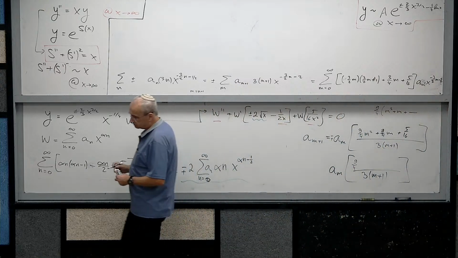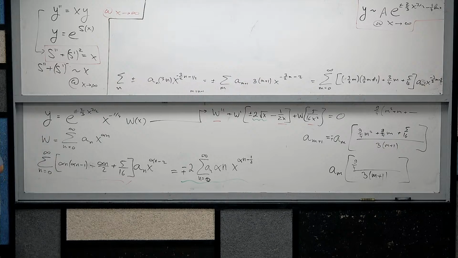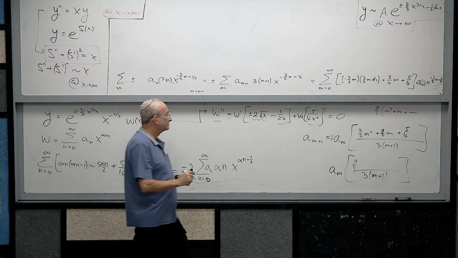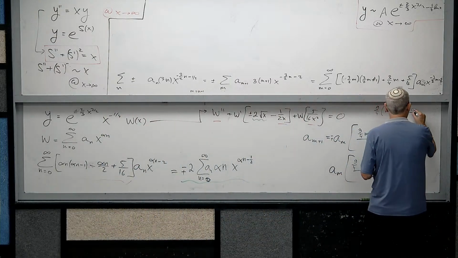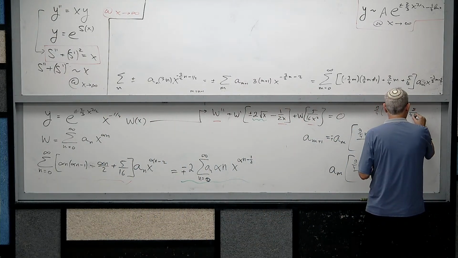So 20 divided by 137. 5/36. Ah, this is what you said? 5/36.